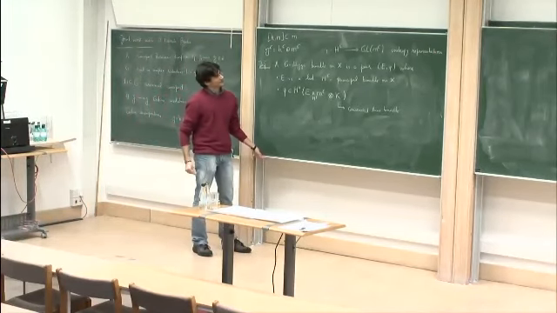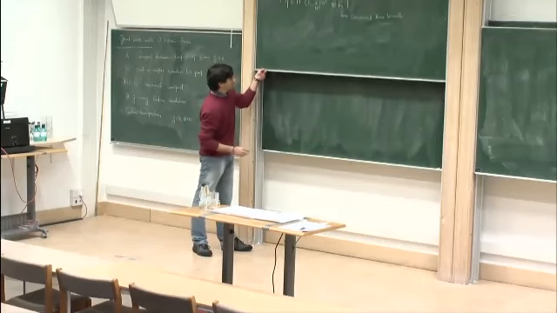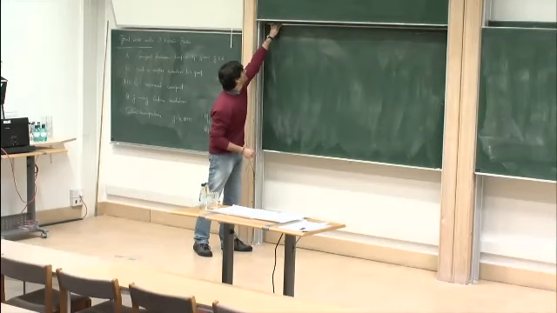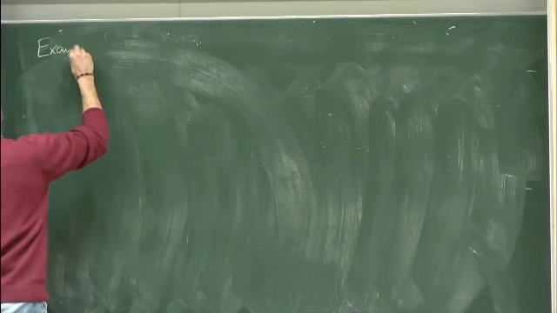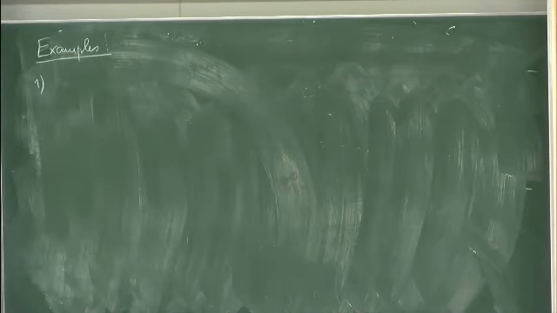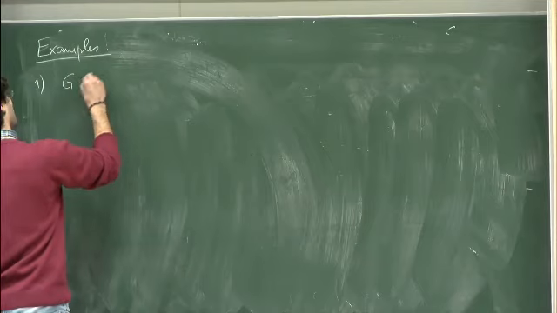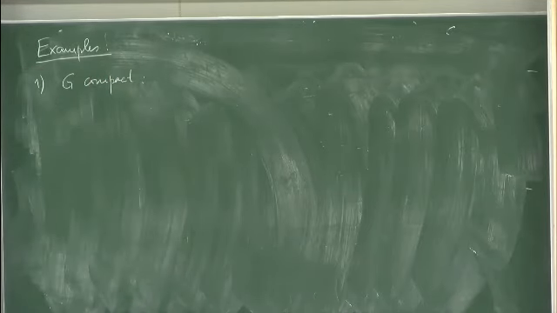So let's see some examples. Well, the first one, the easiest one, is when G is compact. When G is compact, H is G, so there is no M, so the Higgs field must be 0.